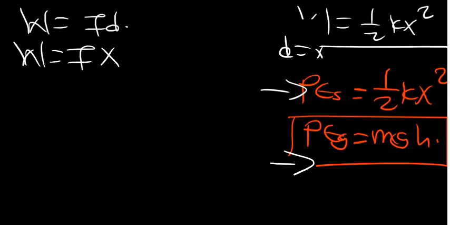So if I integrate this side, I'm going to have this. Meaning that I'm going to integrate this with respect to x. This x is going to disappear, then it's going to be replaced by dx.